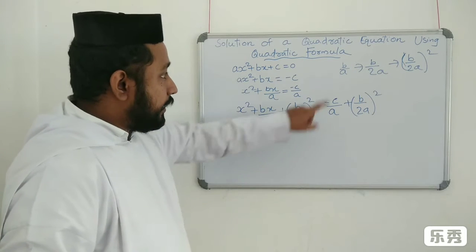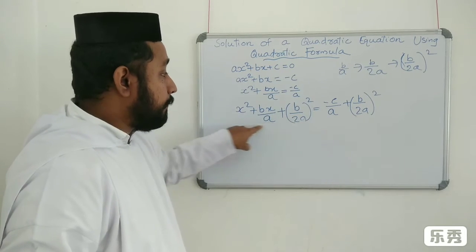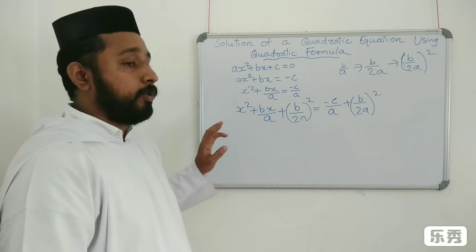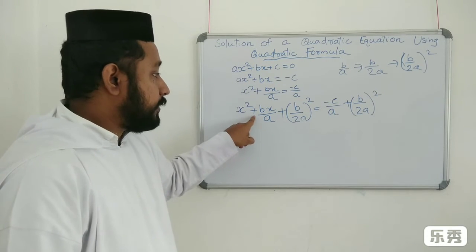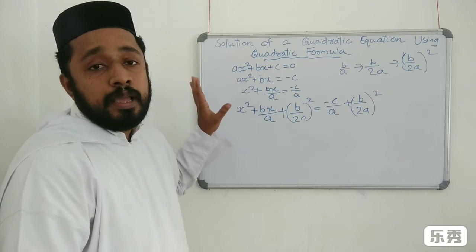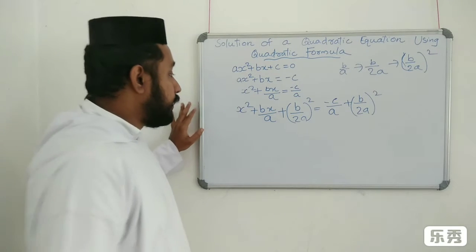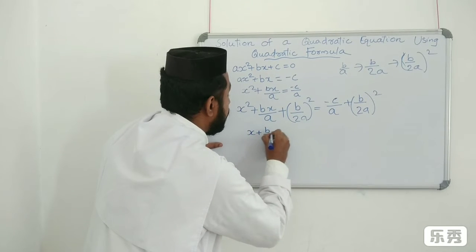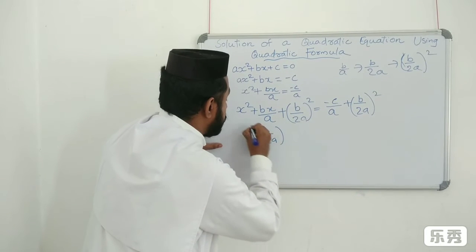We know that in this step the LHS will become either the form (a + b)² or (a - b)². Here it is plus, therefore we can understand that it is the (a + b)² form, so we can write (x + b/2a)².